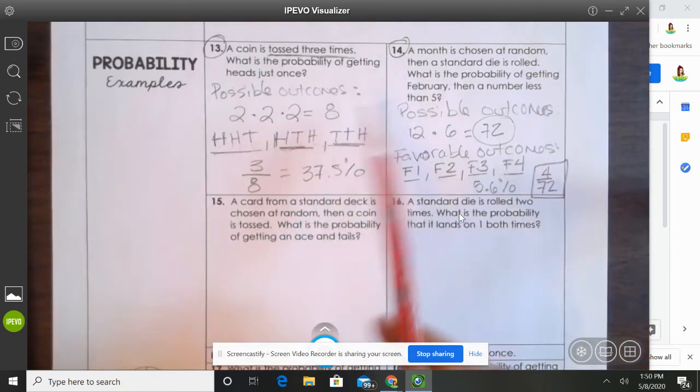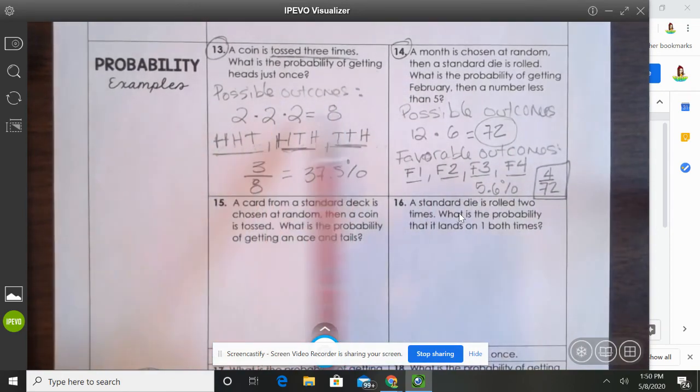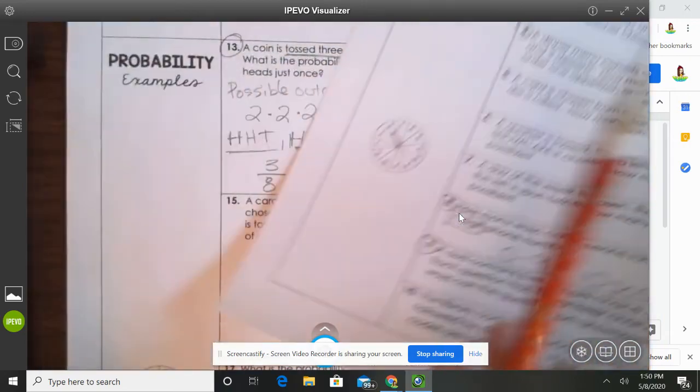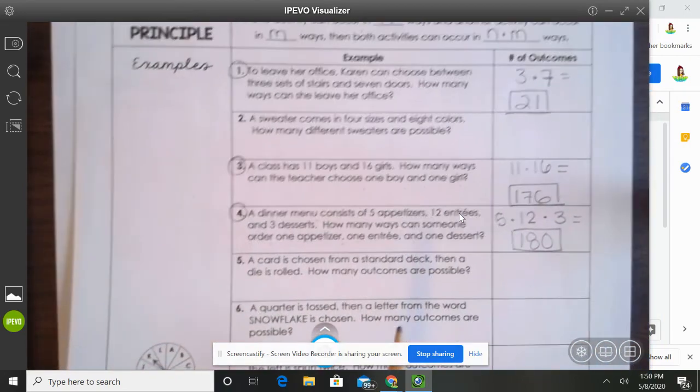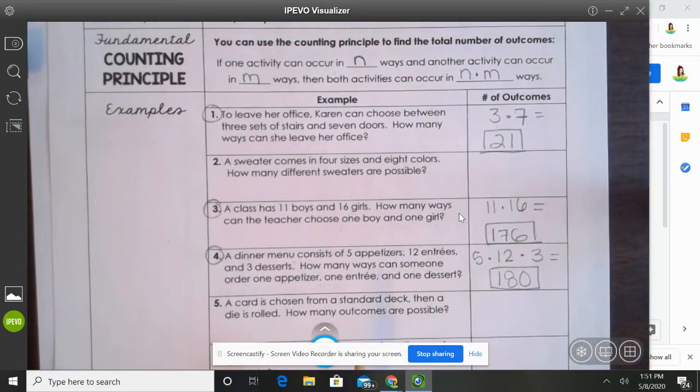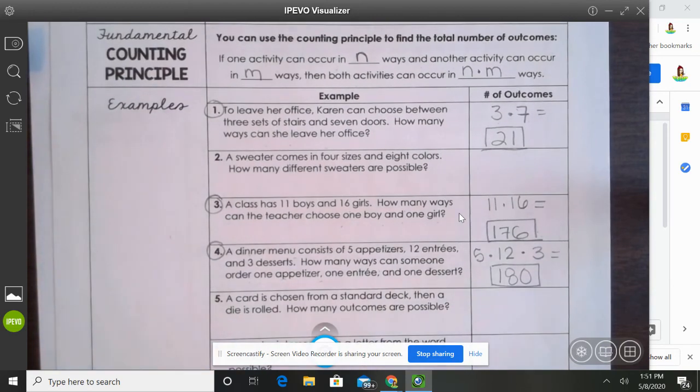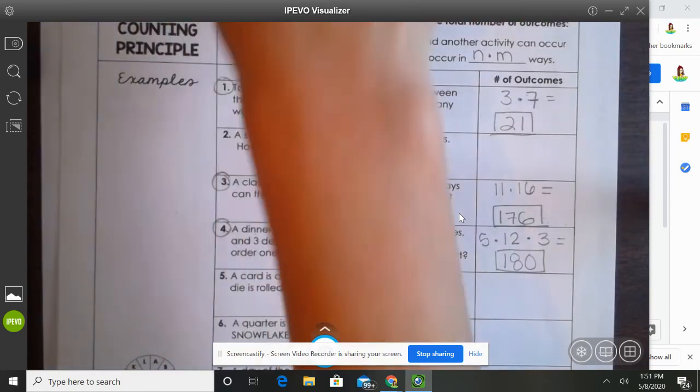And that is what happens when you combine the counting principle with probability. The examples we did before are the fundamental examples of the counting principle.